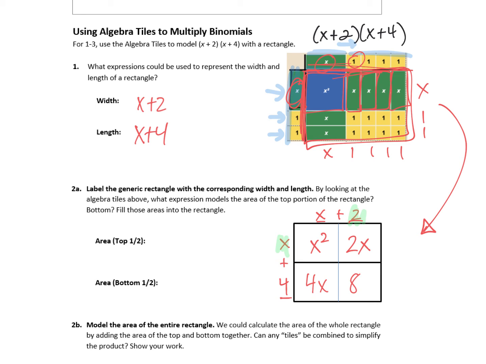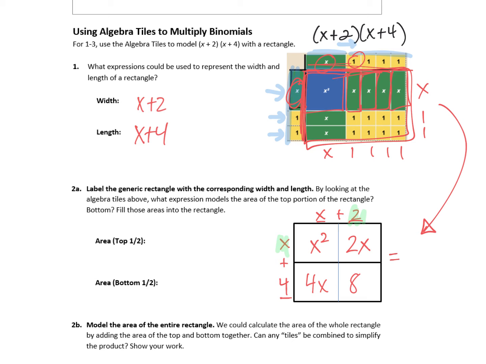If you look at this, it actually matches up. I'm going to try to use a different color so I can point this out. I'll use my laser pointer. It matches up. Right here, you see this x squared? That matches up right here. Now I wrote this the wrong way, but you see these 4 x's, those are right here. These 2 x's are right here, and then the 8 is right up here. So I got the same exact thing either way I did it.